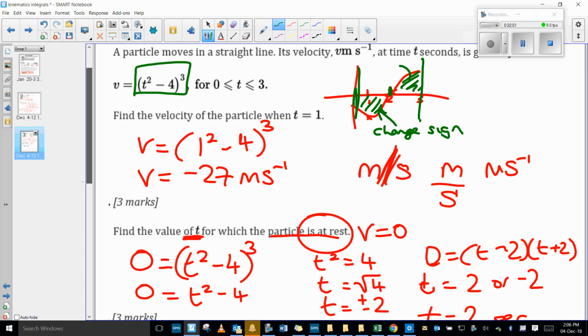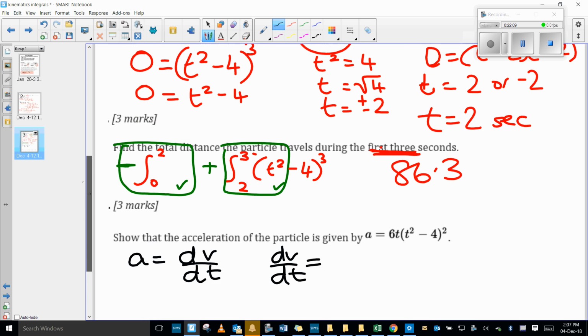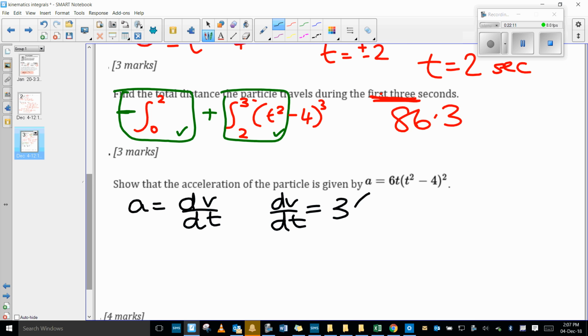So, if something is raised to the power of 3, the power comes in front. We're pretending this is just a letter. So it's going to be 3(t² − 4)². Yes? So remember, we're pretending that the bracket is just a letter. So we're saying 3 comes in front, take 1 off the power.